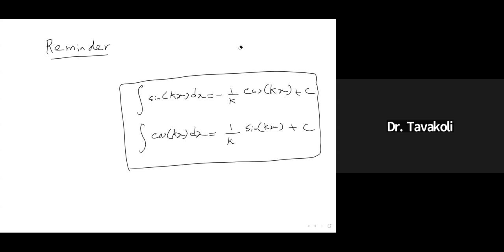But if there is a coefficient involved, like k in general, that's the formula that we can obtain by using substitution. The reason I mentioned this is because in the next example, at least one of these formulas will be very helpful.